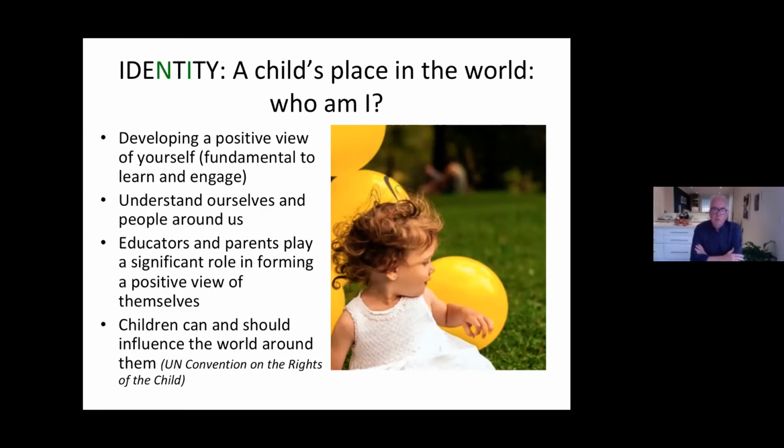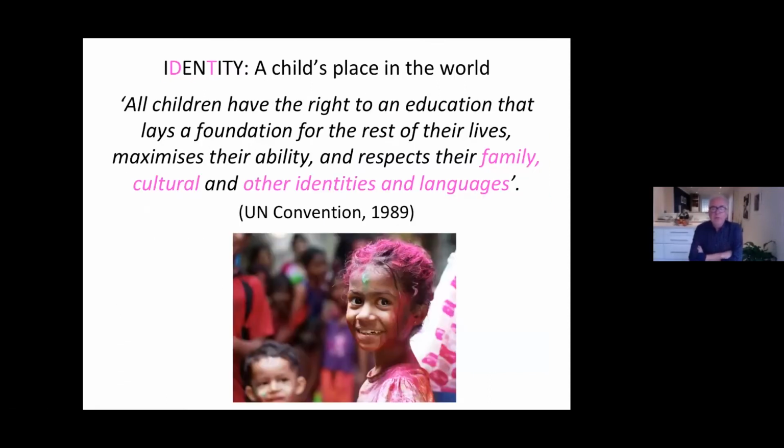Educators are there, and that's their role, but parents play the main significant role in forming a positive view of themselves. What we're hoping in the long run is that children will be able to influence the world as they grow up. They can do that, and they should be able to do that. So if you think about identity and the place in the world, children have a right to an education.